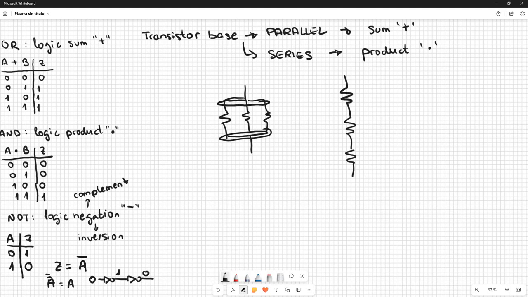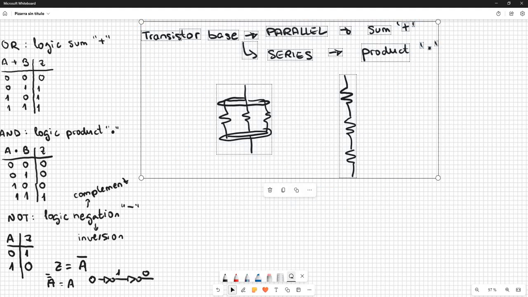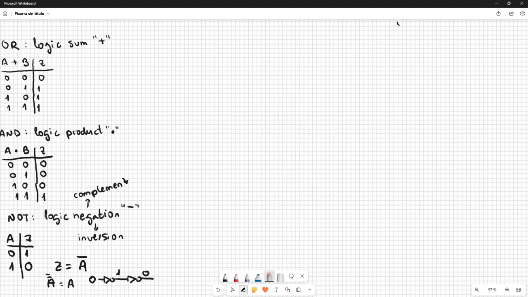For example, we are going to design an NMOS NAND. Allow me to clear this. A NAND is the opposite of the AND. This is AND, so a NAND is going to be the opposite, just negating the operation.